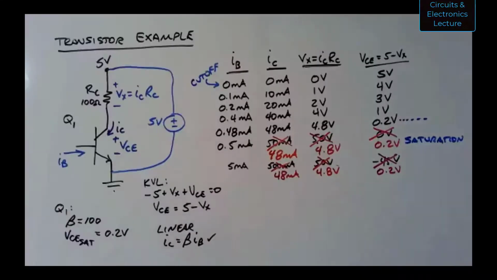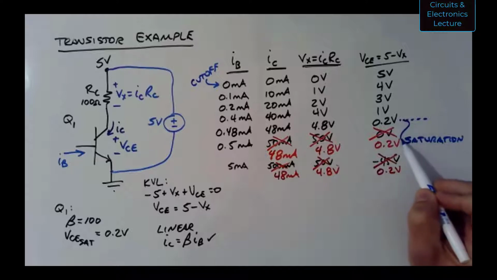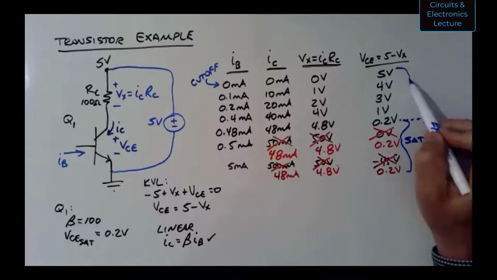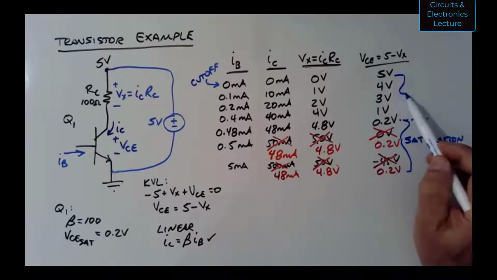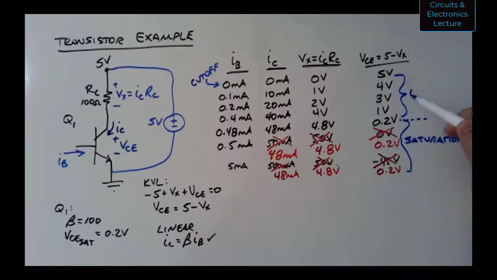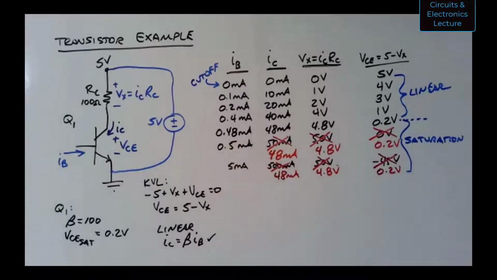And then up here, this is linear. And then, of course, 0 milliamps for base and collector is cut off.